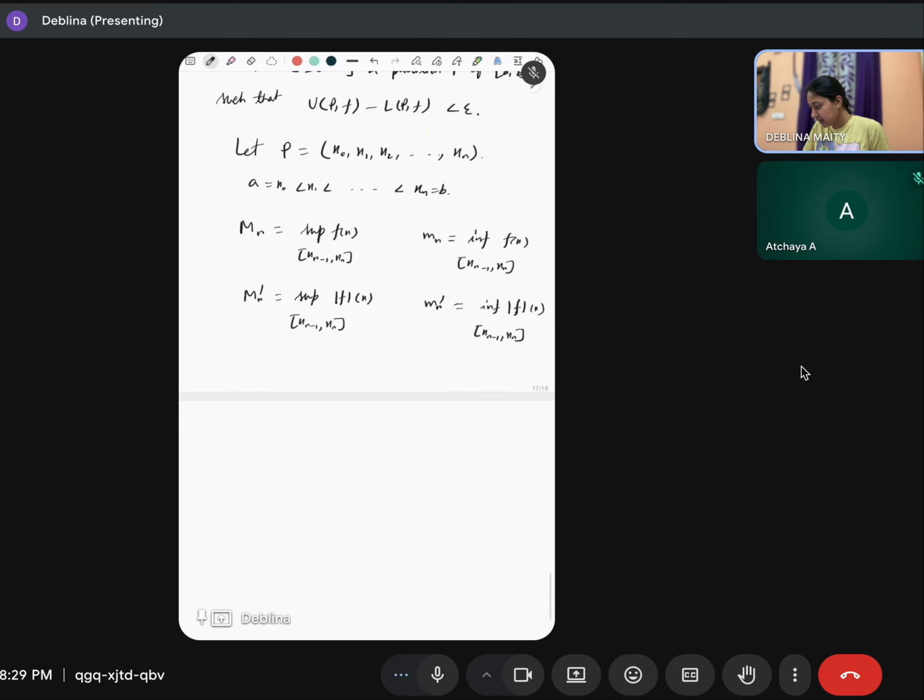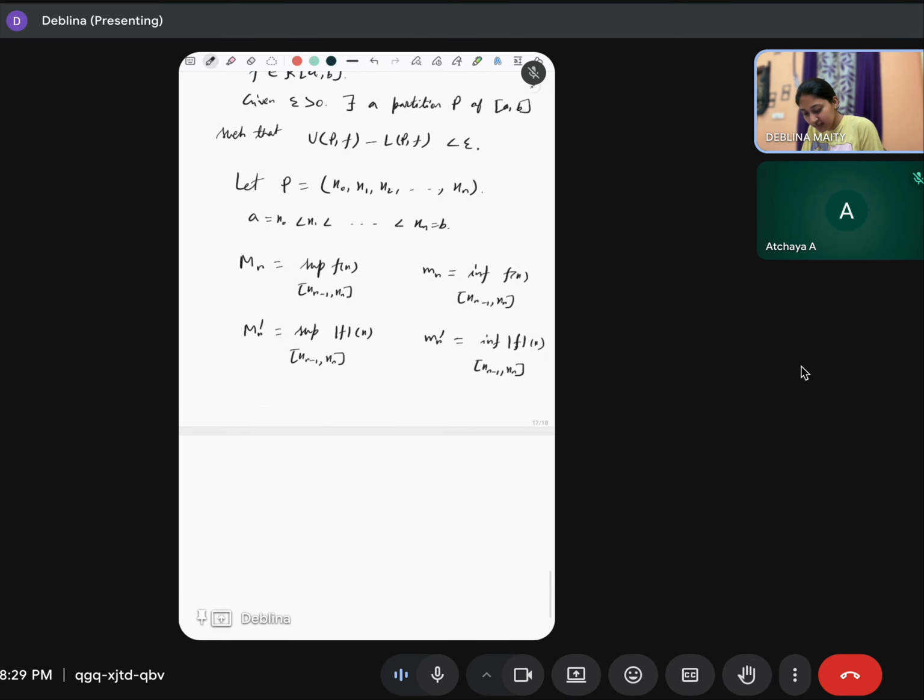Right. Now for any two points alpha, beta in this interval [x_{r-1}, x_r], what do we have?